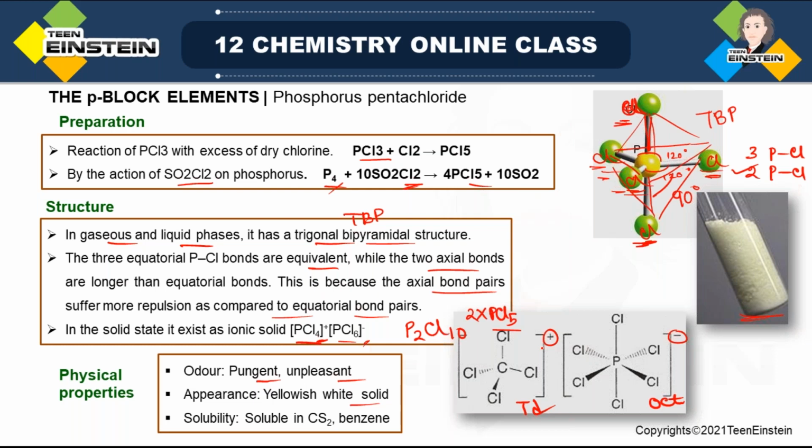So it is soluble in organic solvent, and that is the reason PCl5 can also be used as a chlorinating agent for alcohols or carboxylic acids, which are from organic chemistry. Since alcohols and carboxylic acids are soluble in this type of organic solvent, and PCl5 is also soluble in this organic solvent, it can easily be used as a reagent.